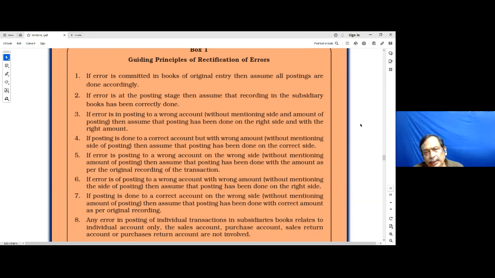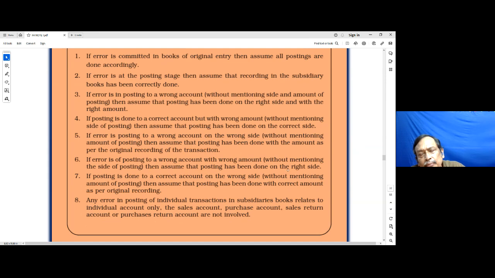If error is in posting to a wrong account without mentioning side and amount of posting, then assume that posting has been done on the right side and with the right amount. If posting is done to a correct account but with wrong amount without mentioning side of posting, then assume that posting has been done on the correct side.